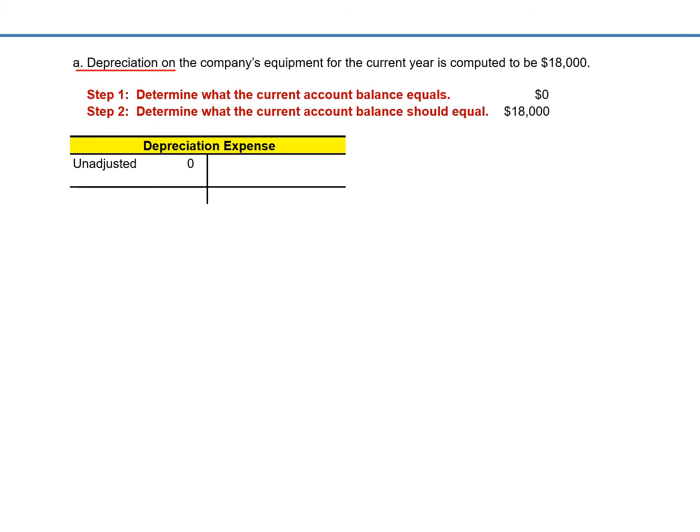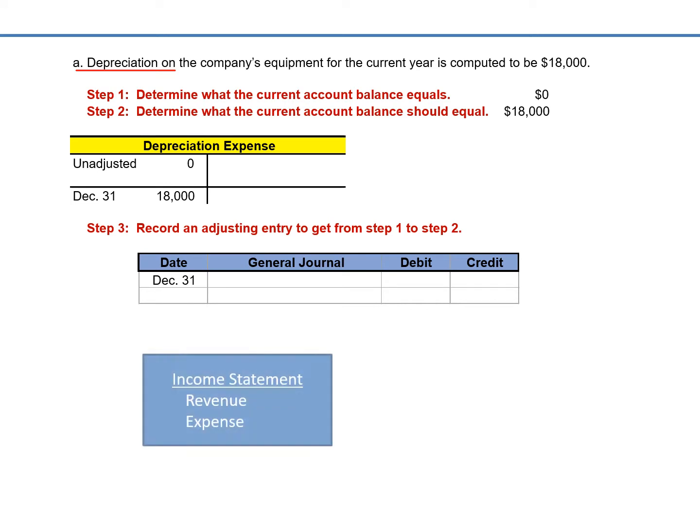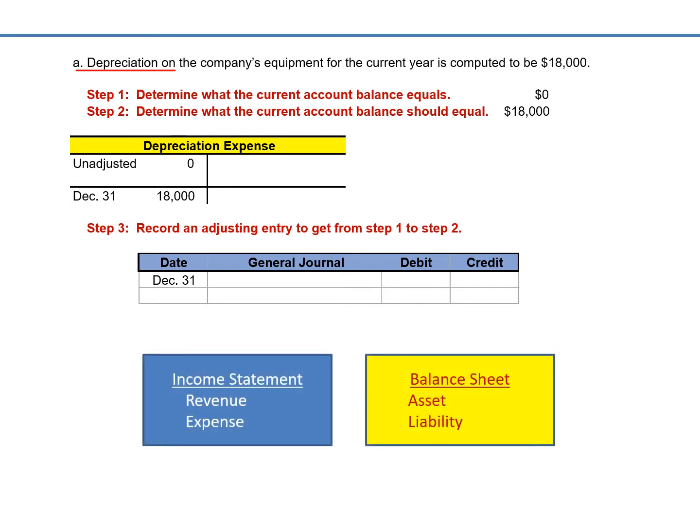So how do we make that happen? Depreciation expense is an expense account. To increase expense accounts, we debit, right? So in order to get from 0 to 18,000, what's our entry? Debit depreciation expense, right?